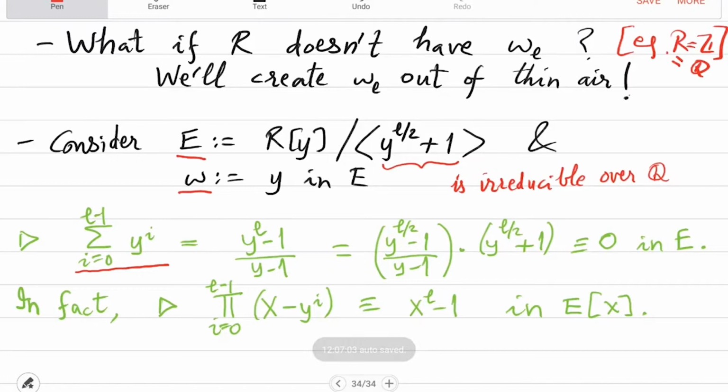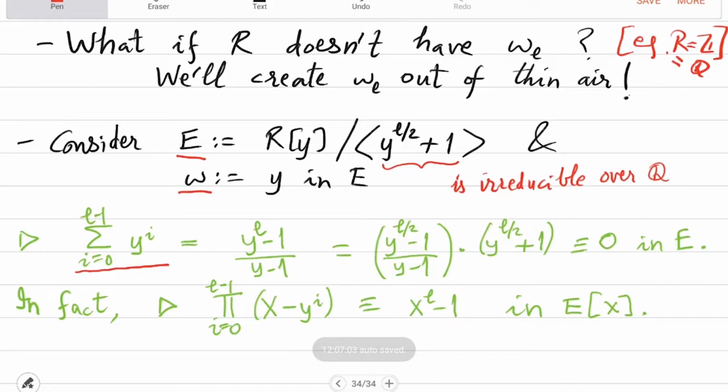If they are not co-prime, then y to the L by 2 plus 1 has to vanish at 1. But that value is 2. Characteristic is odd or 0, so it cannot vanish, so they are co-prime. Anyway, you formalize it and then you see that by Euclid GCD, y minus 1 is invertible.